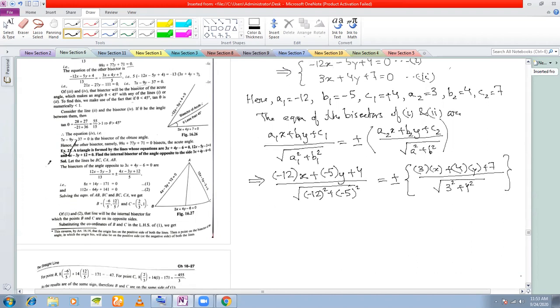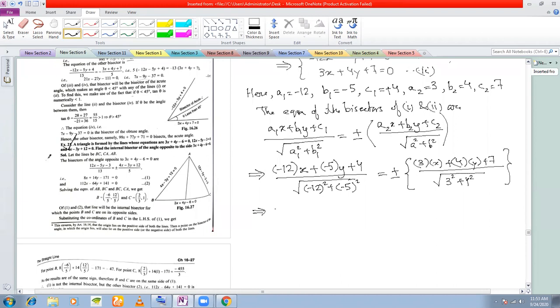Okay, let's simplify this, then we'll take the positive and the negative signs. So minus 12x minus 5y plus 4. Minus 12 square is 144, minus 5 square is 25. So 144 plus 25 is 169, and the square root of 169 is 13, is equal to plus or minus 3x plus 4y plus 7, and 3 square plus 4 square, the square root is 5, because 9 plus 16 is 25.